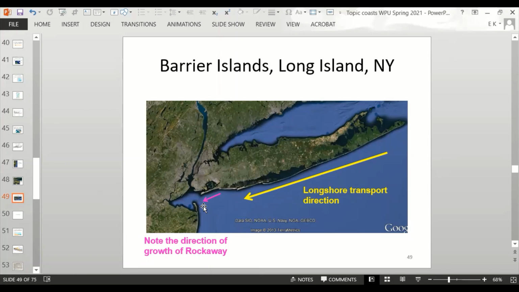So, you engineer and fix and maintain the different parts of the waterways, the local waterways. So that brings us to the end of part 1 of the coast lecture.